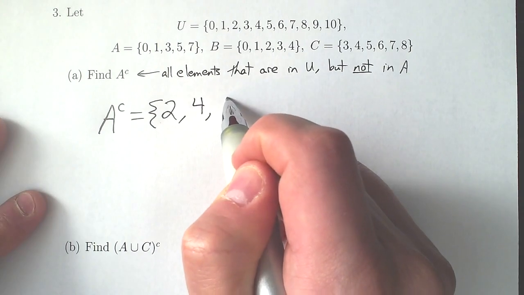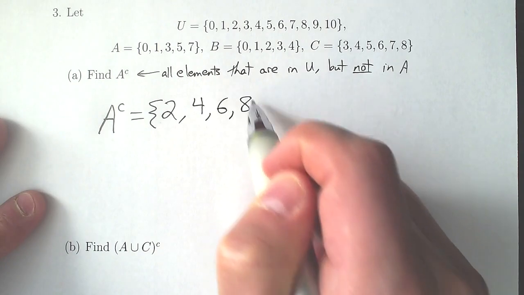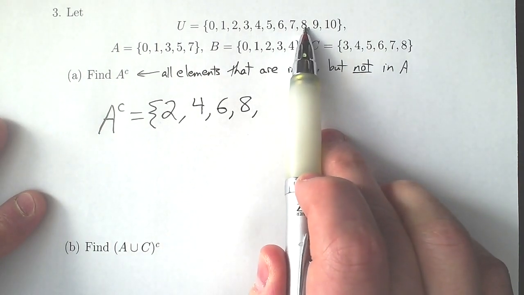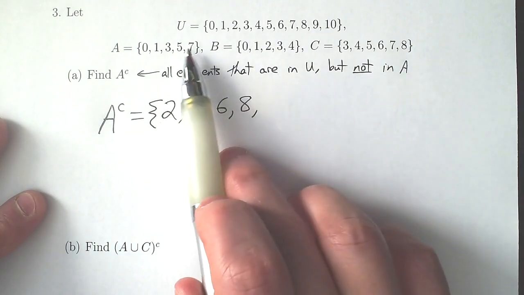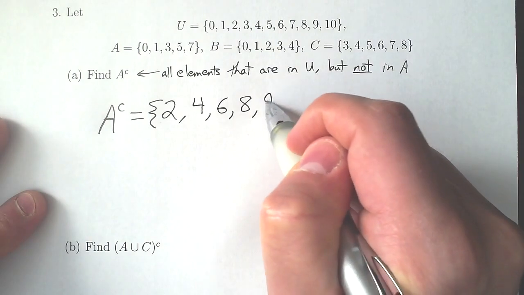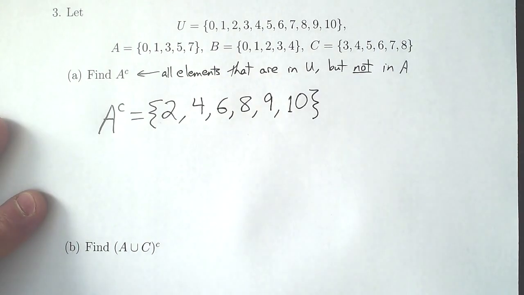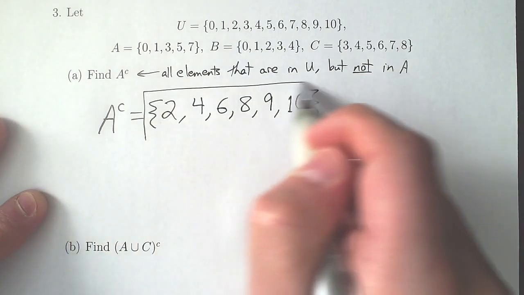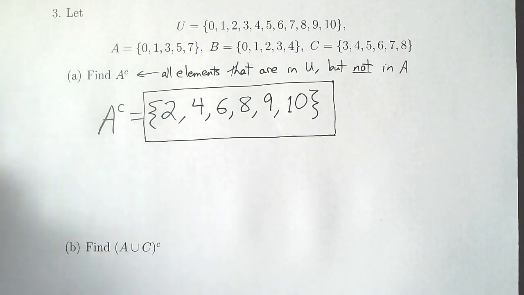Skip 5, write 6. Skip 7, write 8. We're almost done. 9 is in U, but it's not in A, so write it. 10 is in U, but it's not in A. All right, so that's a good answer. And we wrote it with brackets and commas. Looks really good.